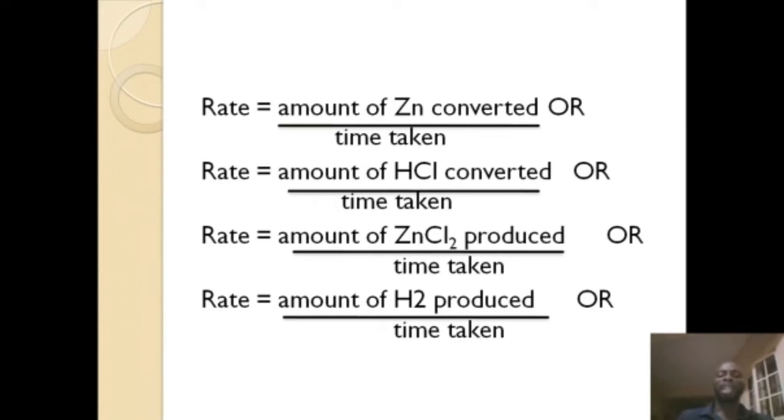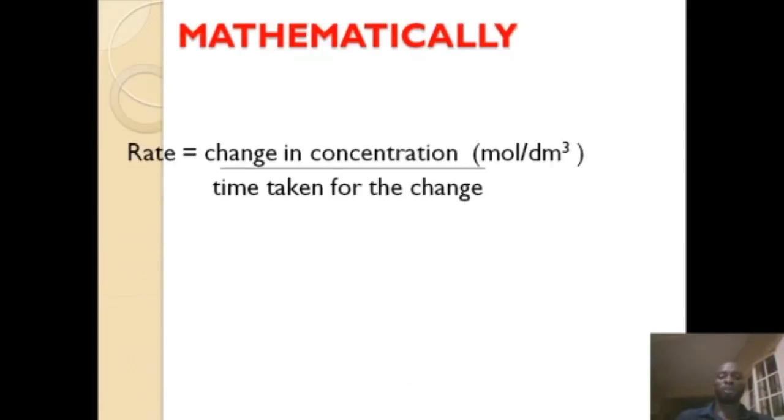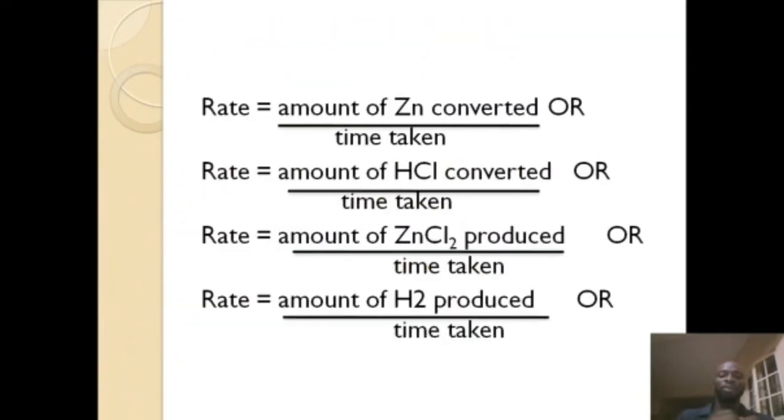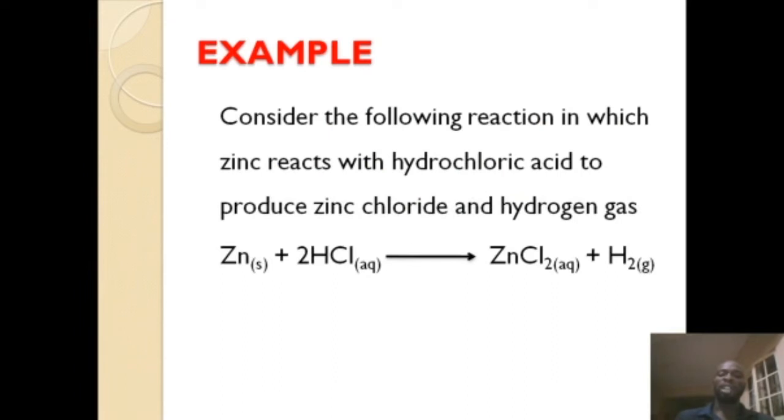Going over to the product side, let's look at the products we got from this equation. The equation gave us zinc chloride plus hydrogen gas. So zinc chloride and hydrogen gas are the products, while zinc and hydrochloric acid are the reactants.